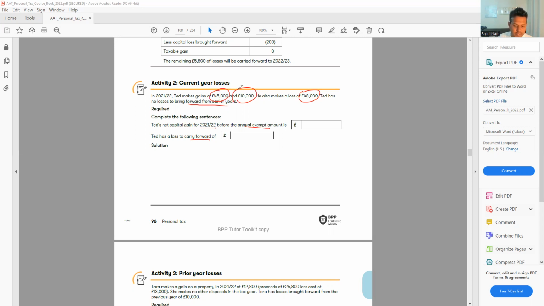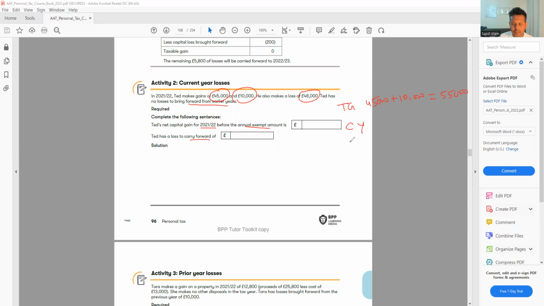So first we need to find out how much is the total gain. So total gain of 45,000 we have here, plus we have 10,000, and that will give me total 55,000. This is my total gain. Now I have to minus the current year loss.